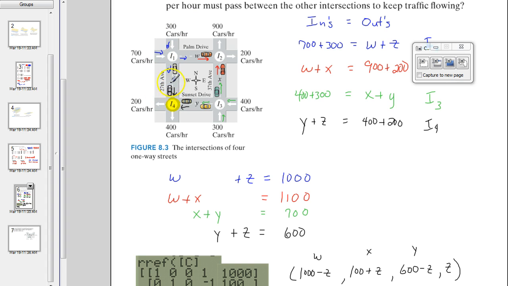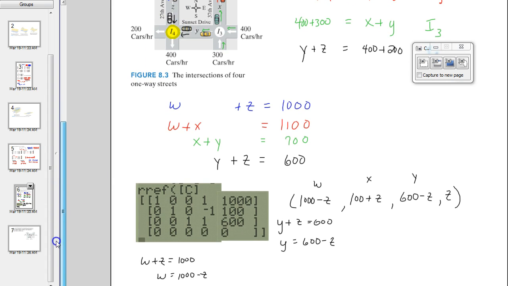So z can't be a negative number. So z could be 0. No cars per hour could go through here. That's the smallest practical number z could be. So 0 is less than or equal to z. And then the biggest that z could be comes from these two where the subtraction is taking place. We're subtracting z from 600. We're subtracting z from 1,000 for w.